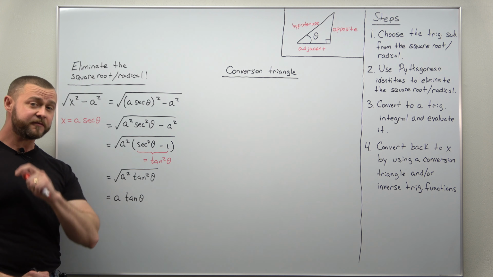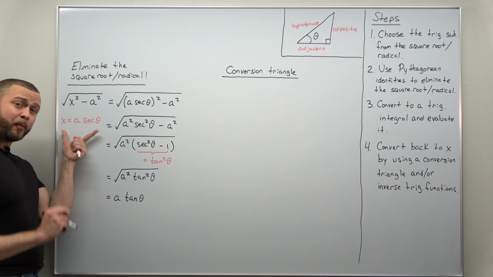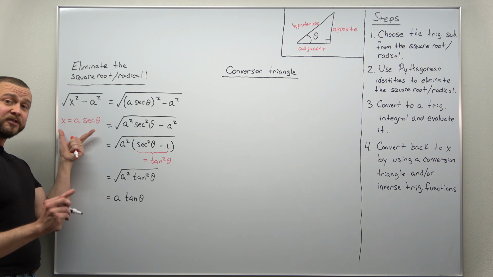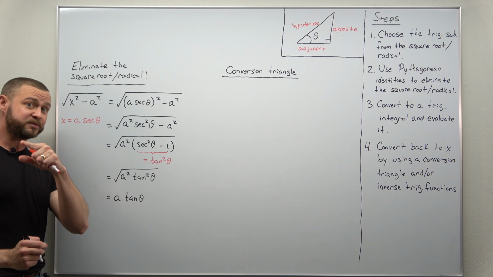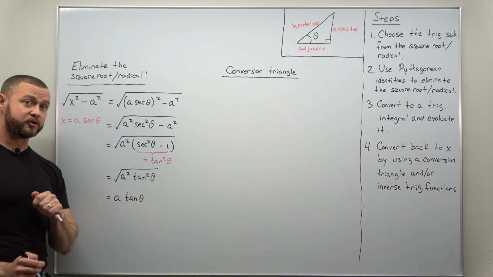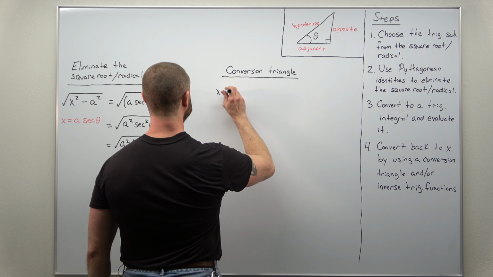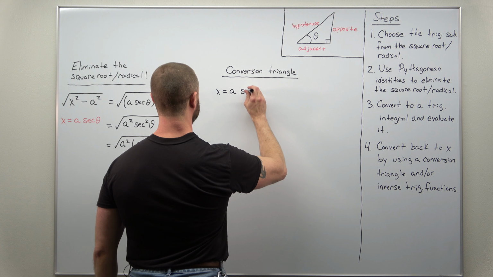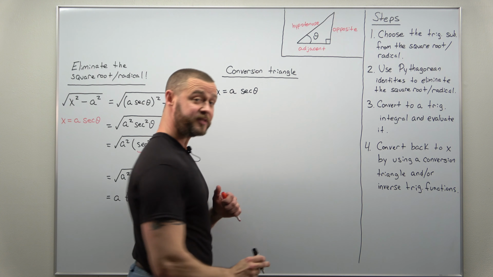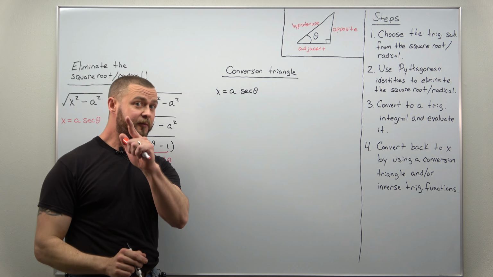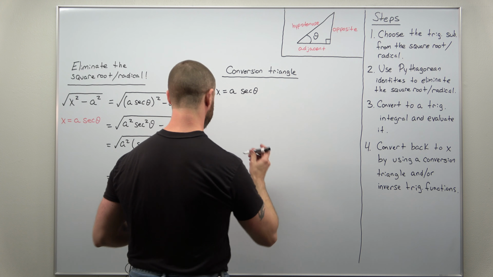Now, the work for the conversion triangle here is a little bit more involved, since you have a substitution that's not basic in terms of sine, cosine, or tangent. Let's go through that in detail. The substitution is x equals a times secant theta. We'll solve for the trig function, secant of theta, first.